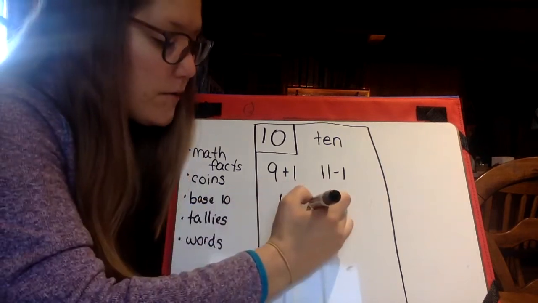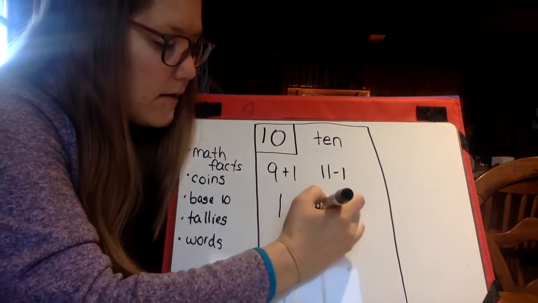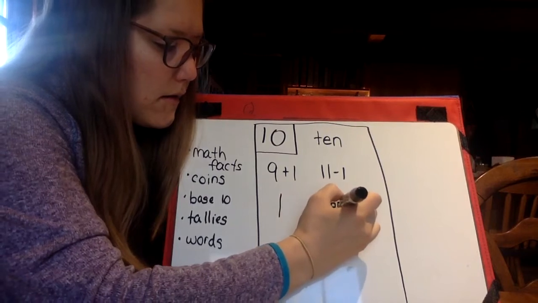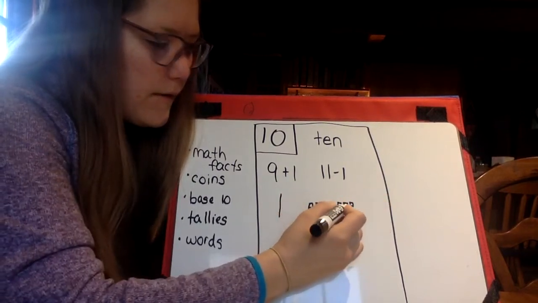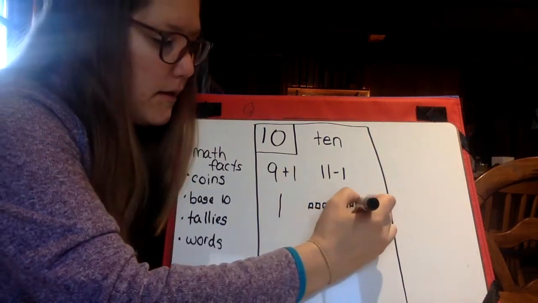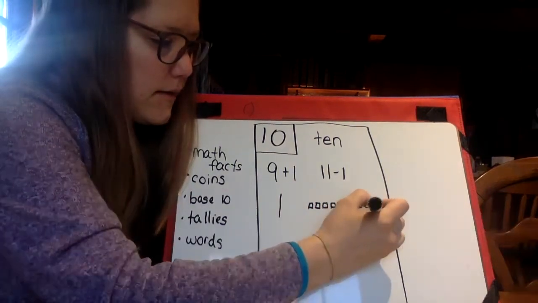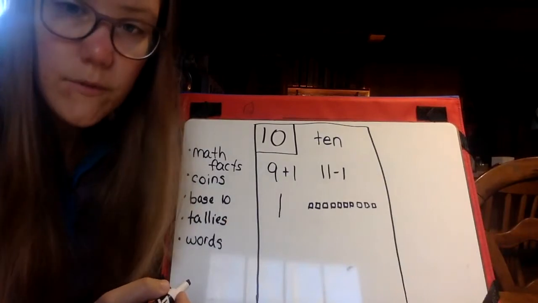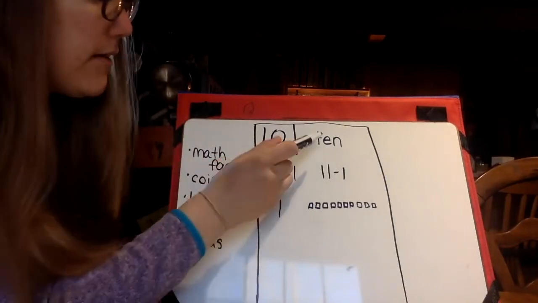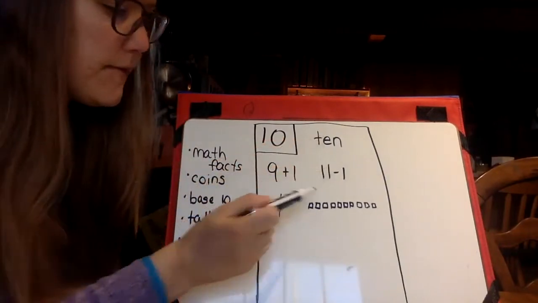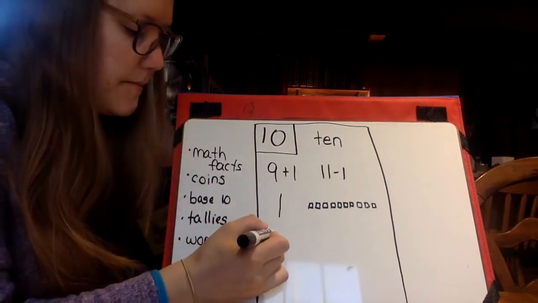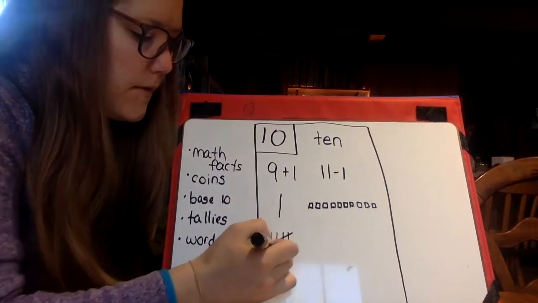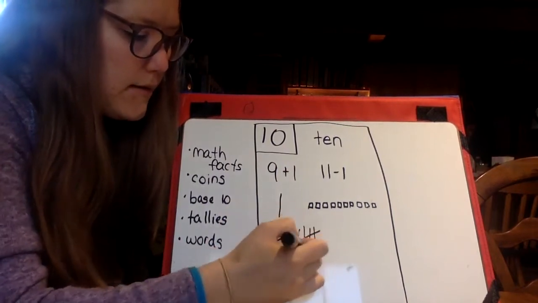I could also do 10 cubes. Sure. Let's count how many. 1, 2, 3, 4, 5, 6, 7, 8, 9, 10. I could keep going. Tallies. 1, 2, 3, 4, 5, 6, 7, 8, 9, 10.